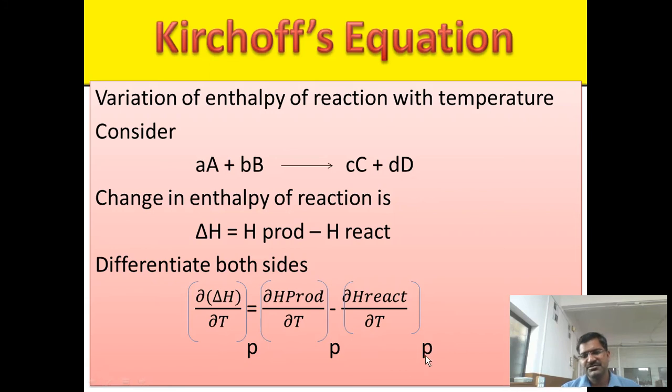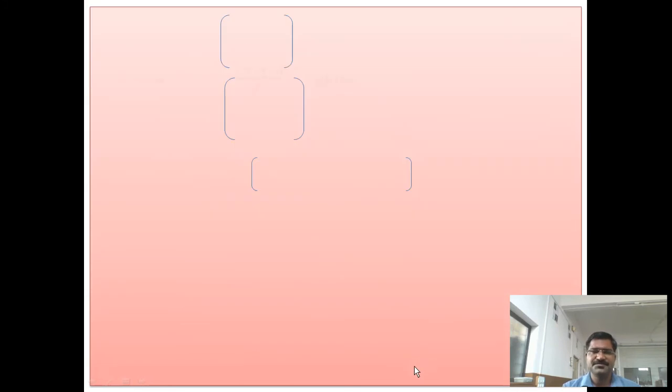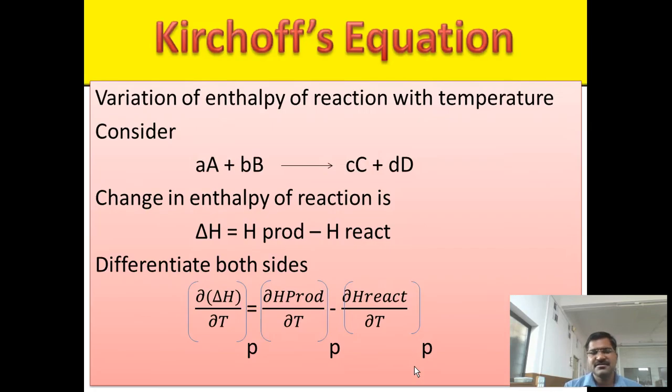Further, we know that these two terms, dH of the products by dT and dH of the reactants by dT, are each of the form dH by dT.